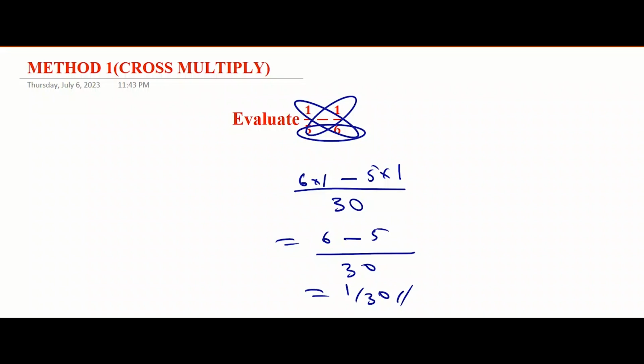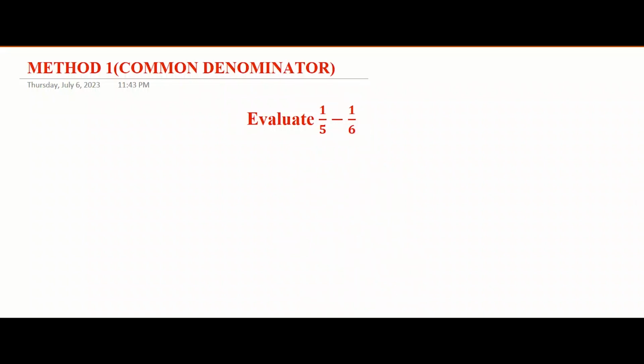So let's look into the third method, that is common denominator. So that will be 1 out of 5. You multiply this fraction by 6 up, by 6 down, then subtract. The next fraction is 1 out of 6. So you also multiply it by 5 up and 5 down.